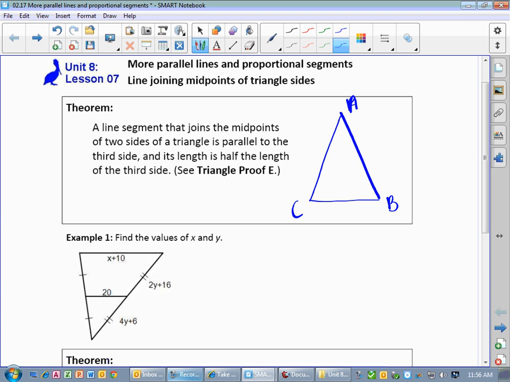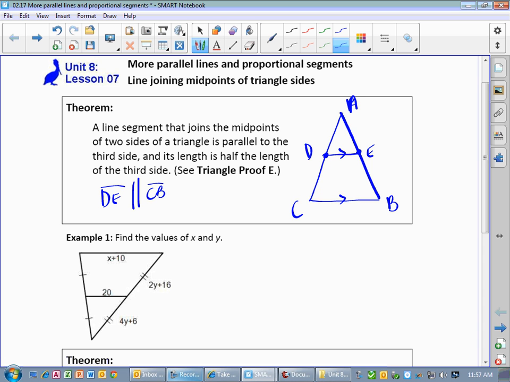I said a line segment that joins the midpoints of two sides. So if I go to the midpoint of AC and the midpoint of AB, and we connect those, then we actually get parallel lines. If I call this point D and this point E, then notice that segment DE is parallel to segment CB.